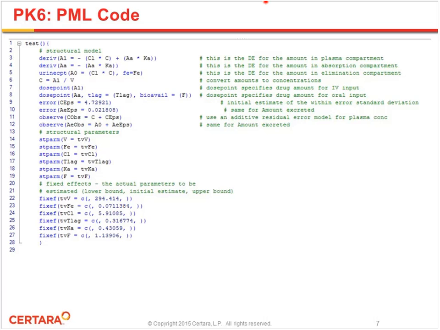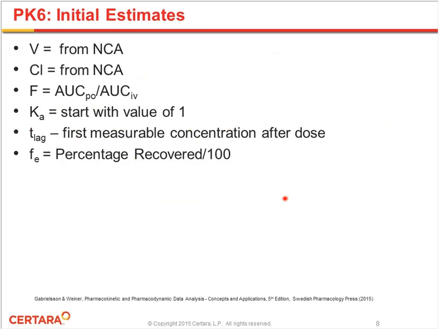So this is the final model. So in order to get started, we need to get some ideas for initial estimates. This is a 1-compartment model, so what we can do is run an NCA to get volume and clearance from the NCA. For the bioavailability, we just take the AUC-PO divided by AUC-IV, the dose normalized AUC values.